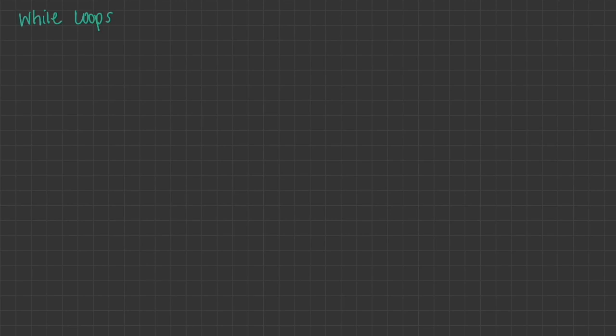We're going to have the start of that, which is the while. We still need a condition, so how about we just say while x is less than or equal to 3. And then we're going to do something over and over again.